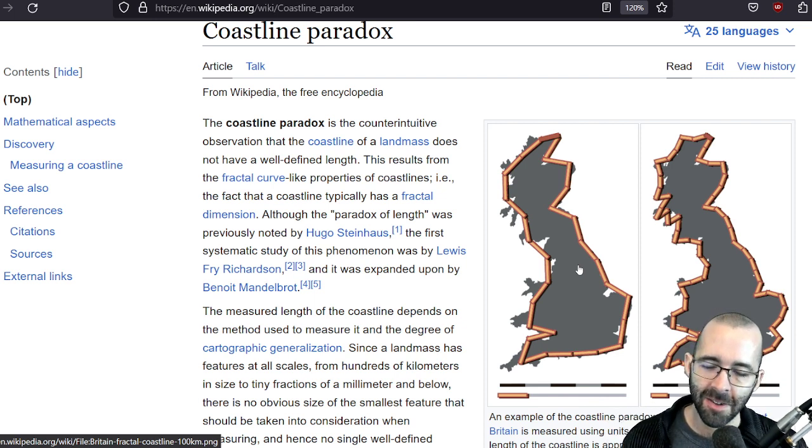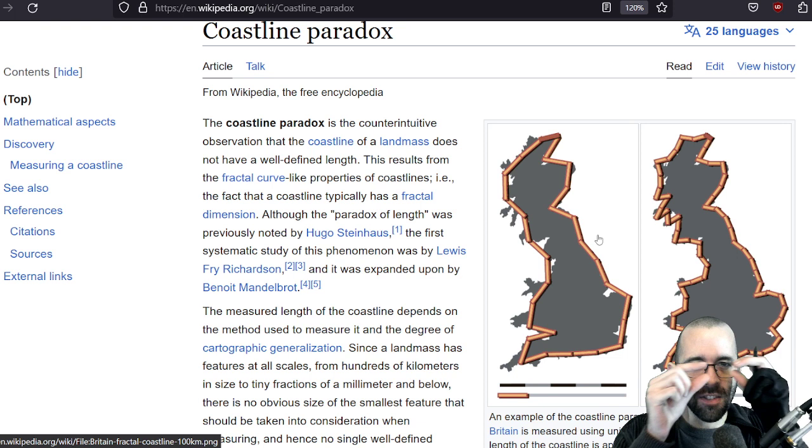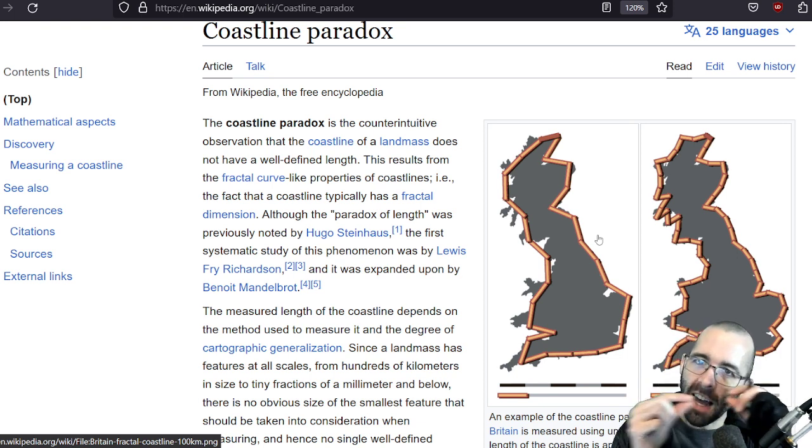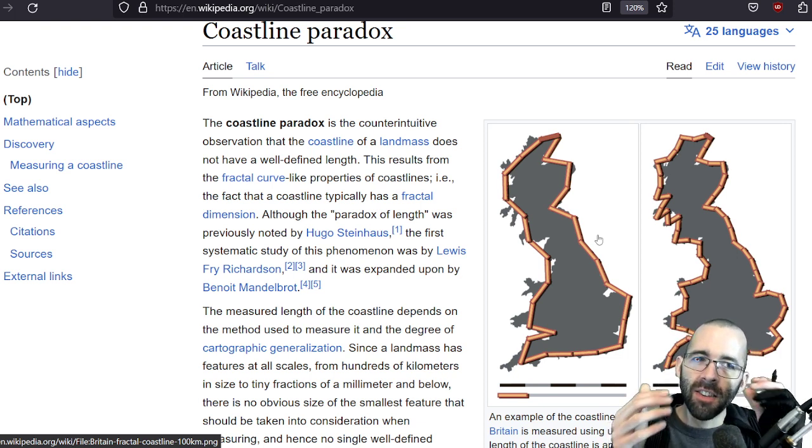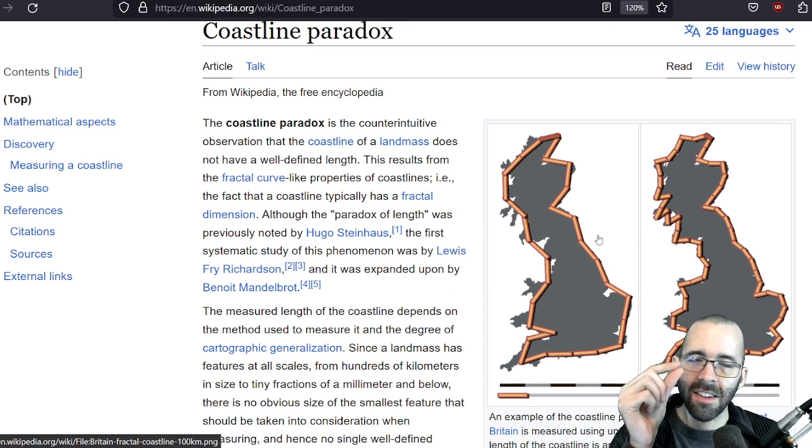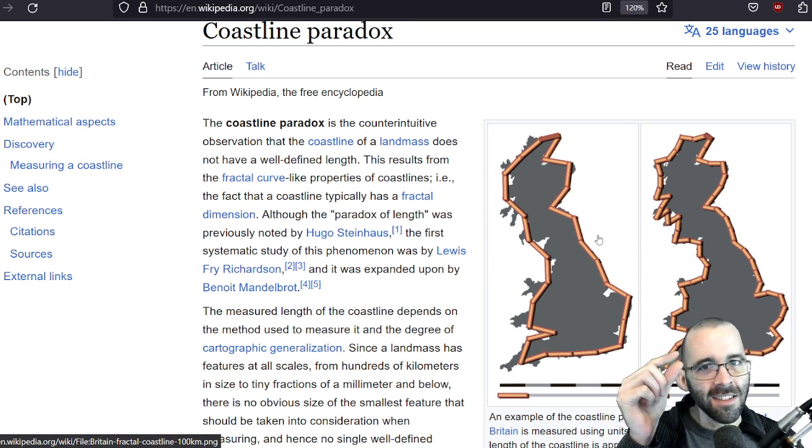As a side note, and I will try to keep this brief, this is super interesting, and you can go down a rabbit hole. There's something called the Coastline Paradox. Because coasts are essentially fractal-like, the smaller and smaller scale you look at a coastline, the more jagged it is.